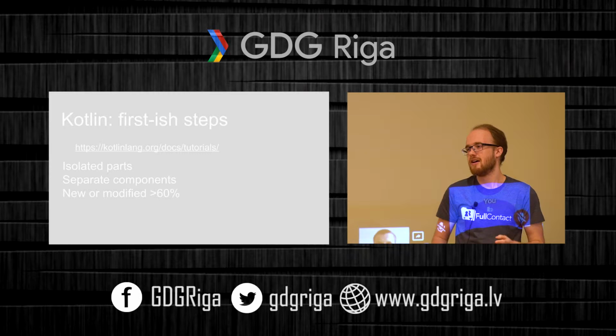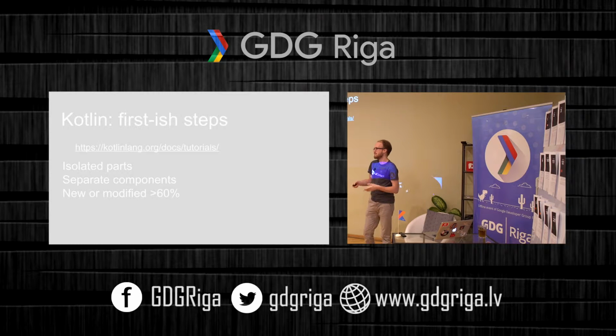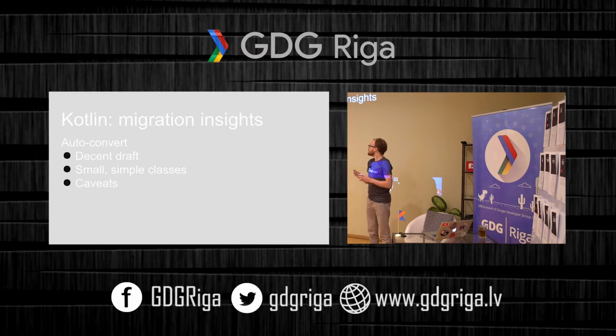And if you modify an old file substantially, more than 60%, rewrite it in Kotlin. We put that rule in place, and right now we are at 11,000 lines of Kotlin, something like that. That's a decent number. It's 20% or something like that.